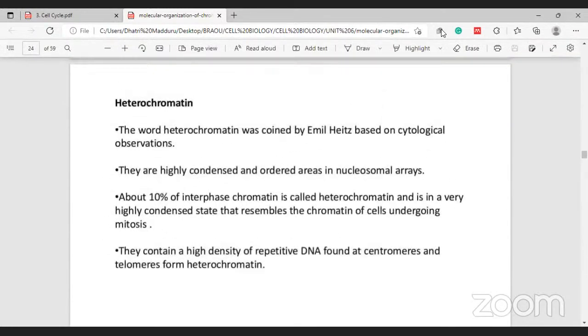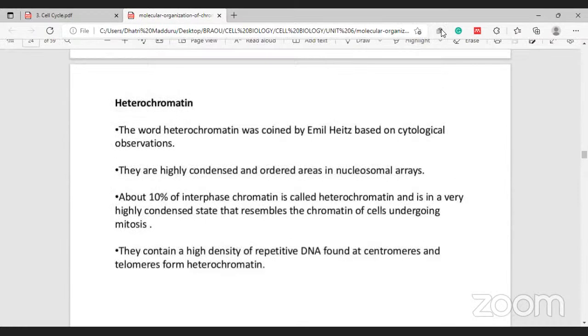Then heterochromatin. The word heterochromatin was coined by Heitz, when he observed under the microscope. It is highly condensed, tightly packed, and therefore it is not accessible to proteins and we cannot regulate them. About 10% of the interphase chromatin is heterochromatin, highly condensed, and darkly stained because it is tightly packed.